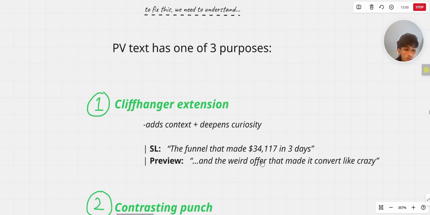What we're doing here is we're adding context with the offer and the fact that it converted like crazy. And we're deepening curiosity with words such as weird or even crazy. Essentially all you're doing here is adding things to the subject line that increase the intrigue and increase the trust that you have with the other person.